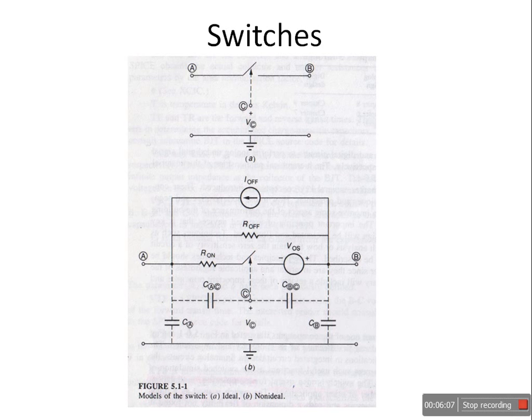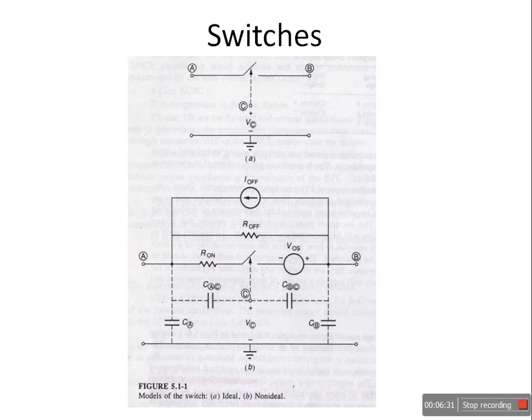But here we are saying that a voltage exists between these two terminals A and B when the switch is on and no current is flowing. It seems complicated, but when we implement this switch using components like BJT and MOSFET, then you will come to know what offset voltage is.